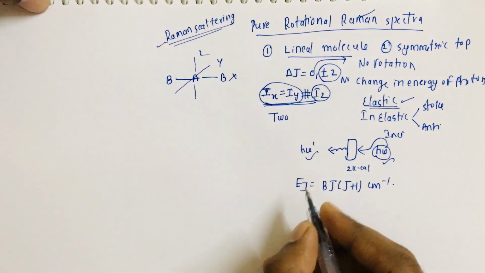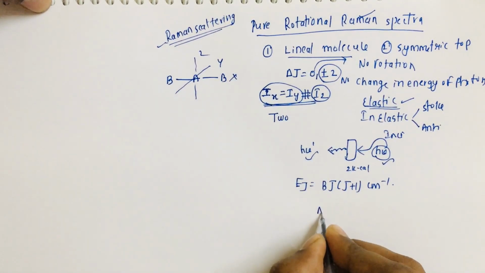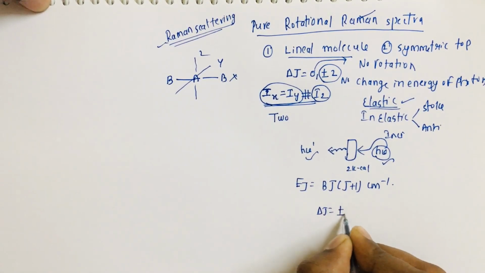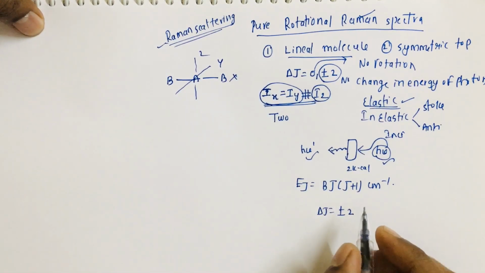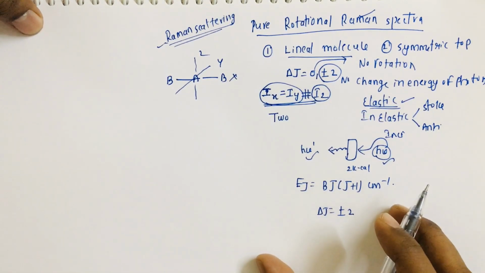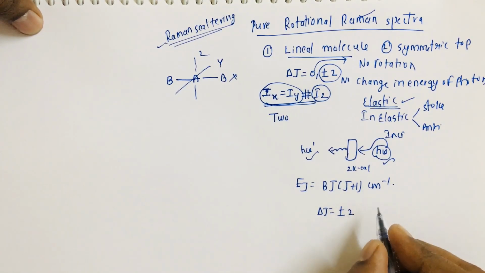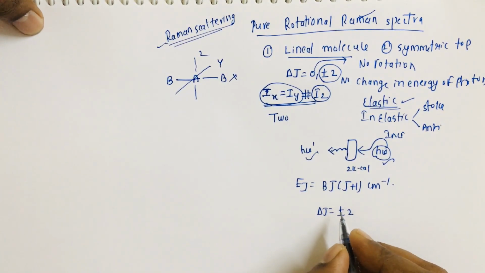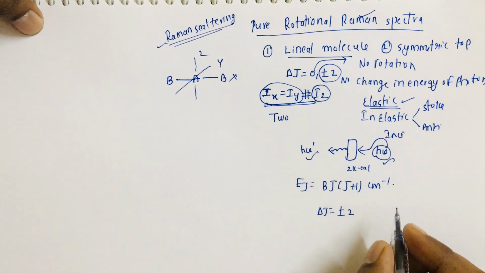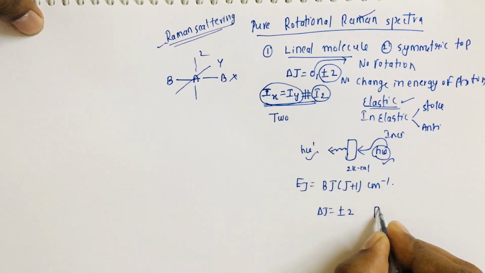Now we can look at delta J equals plus or minus 2.